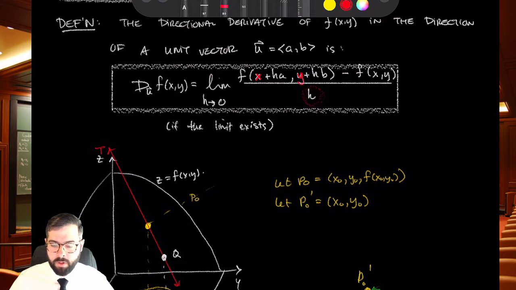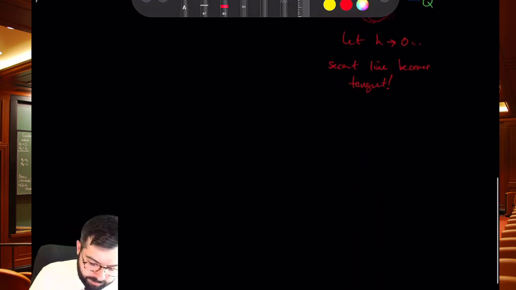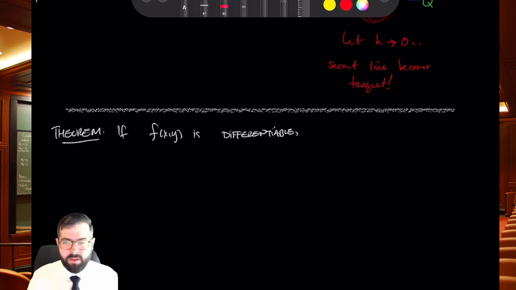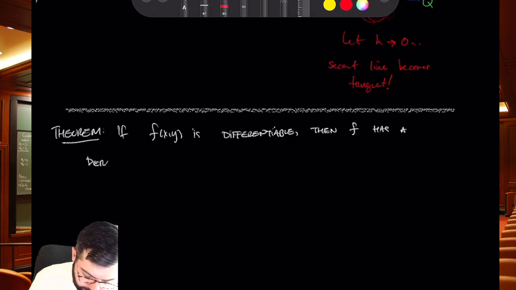All right. So with this, and hopefully a bit more of a geometric sense behind it, we can look at this theorem which says if f is differentiable, which means it has continuous partial derivatives, then f has a derivative in any direction u.